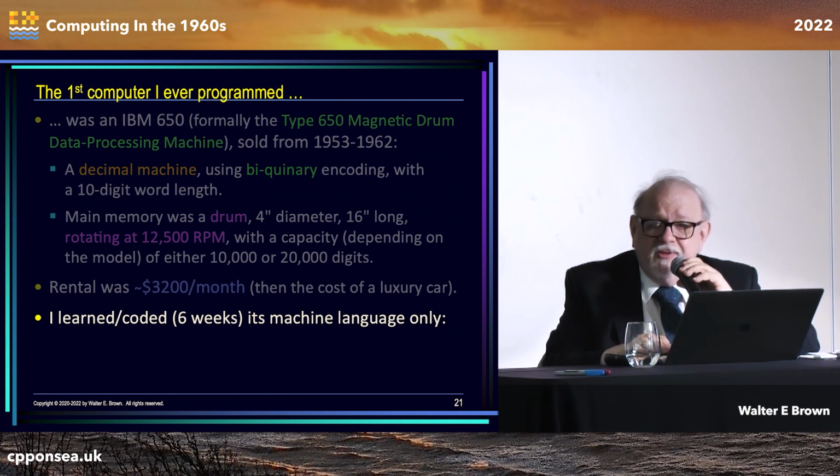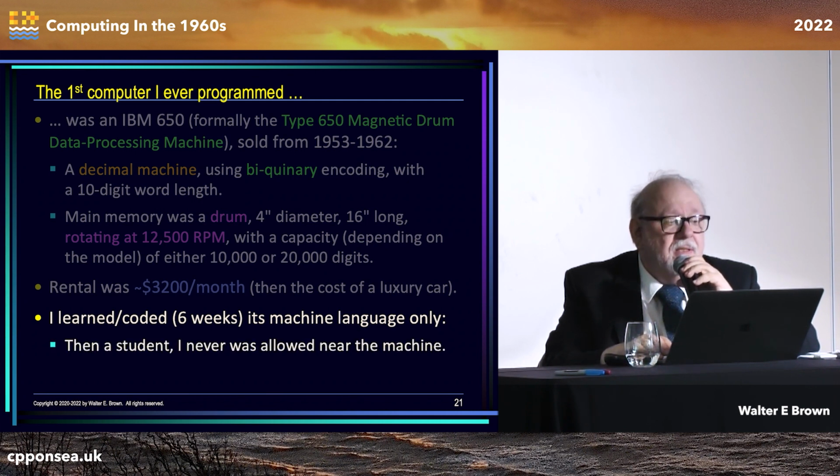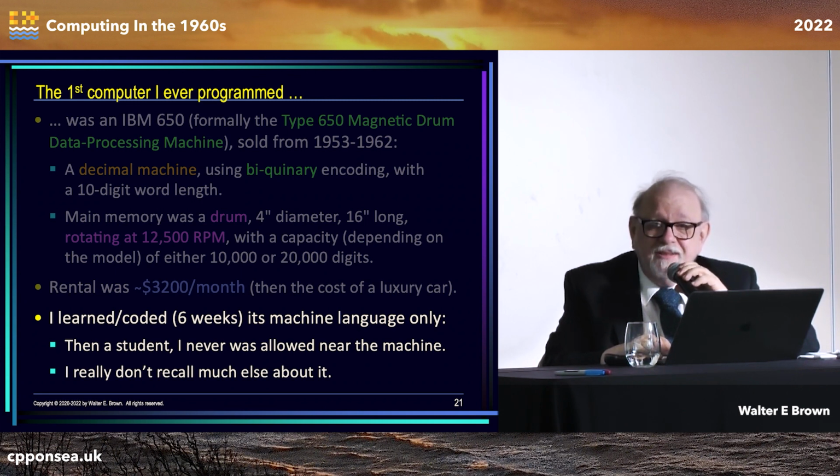All I ever learned about that particular machine was its machine language, not assembly, machine language. I had about 6 weeks with it. I was never allowed anywhere near the machine. And unfortunately, I really don't recall much else about it.